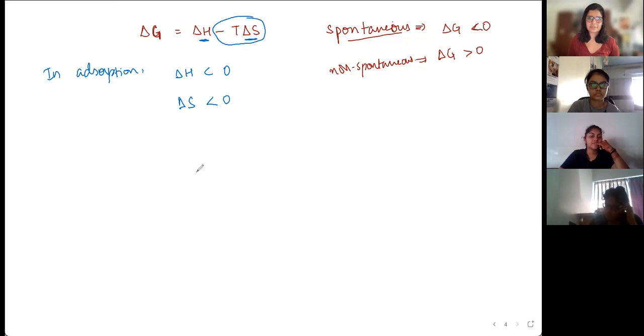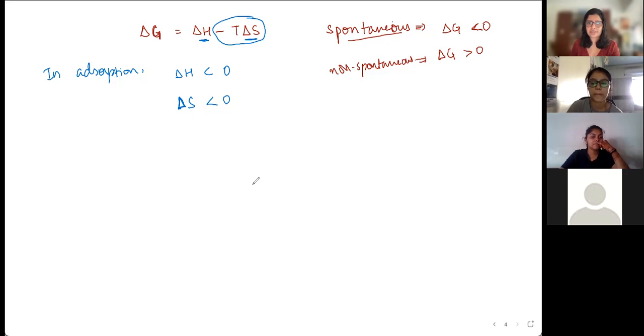So we won't know until we've gotten certain values and calculated whether delta G is greater than or less than 0. Correct. That is why you observe adsorption in certain cases, like purification of water, air purification, catalysts, like adsorption of hydrogen on nickel.